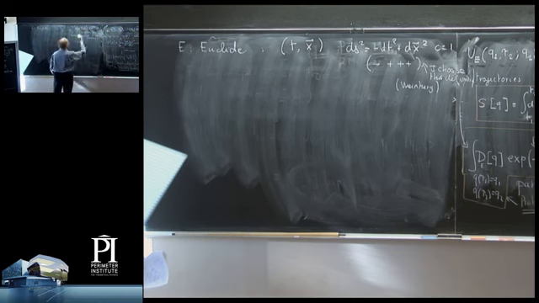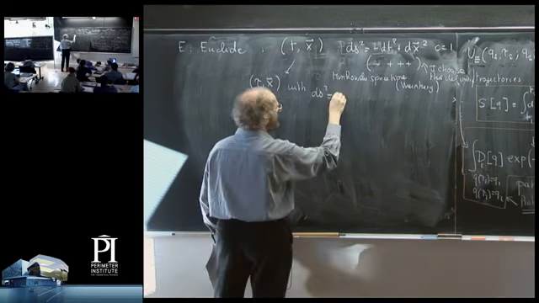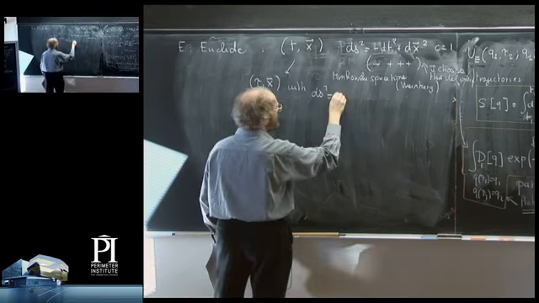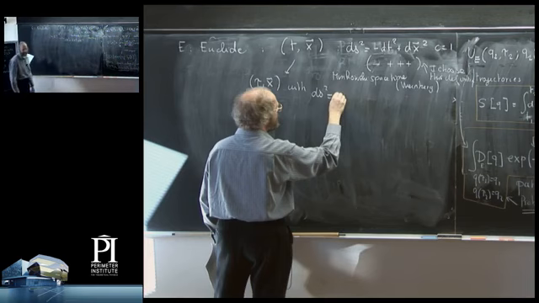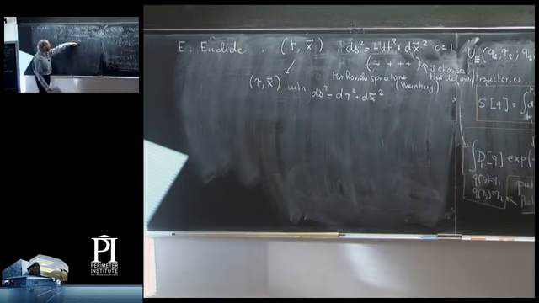Now make this transformation. Consider that instead of having time t, you assume that time is minus i tau. What does the space become? Now you have tau, x, with ds squared equal d tau squared plus dx squared. So you see now that if you do this operation, time has become just one ordinary component of space.